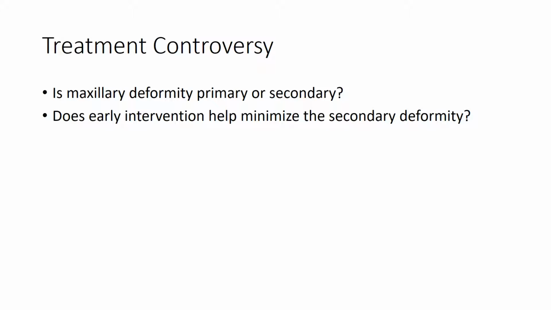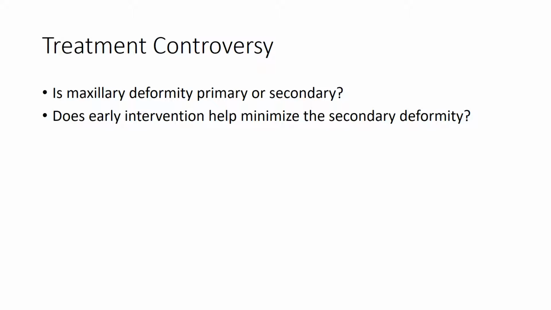And that is what some surgeons do. They may use distraction osteogenesis or other techniques to lengthen the short side early in life, maybe when the kid is 6 years old or so, and just allow for the growth of the maxilla to try to prevent a more severe end-stage deformity.